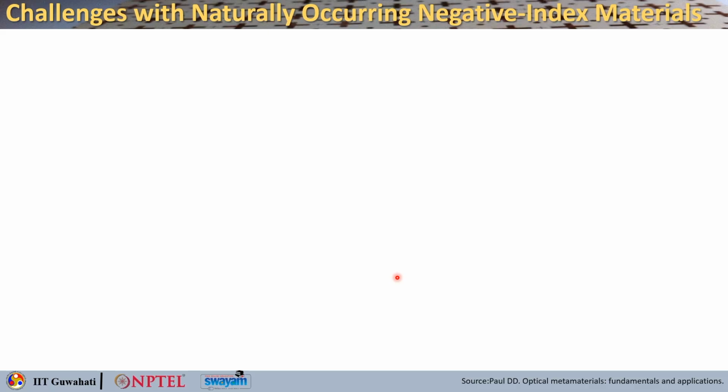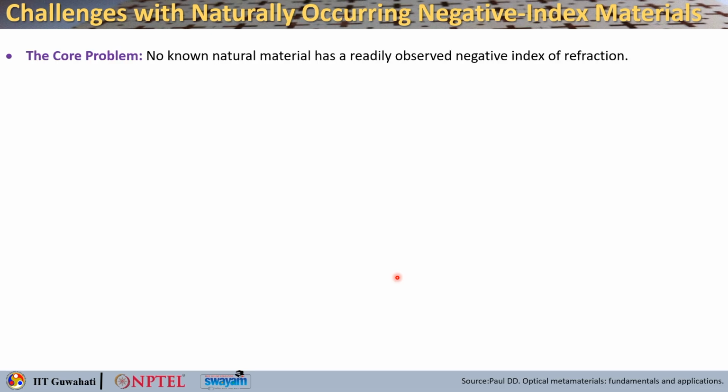Now let us discuss the challenges with naturally occurring negative index materials. The first problem is that no known natural material has a readily observed negative index of refraction.